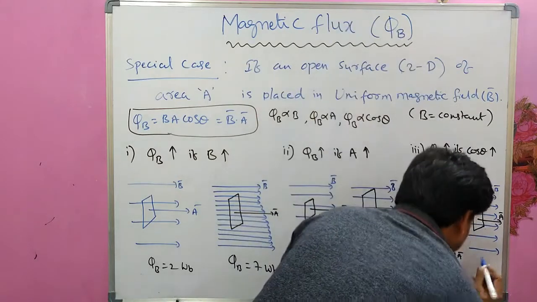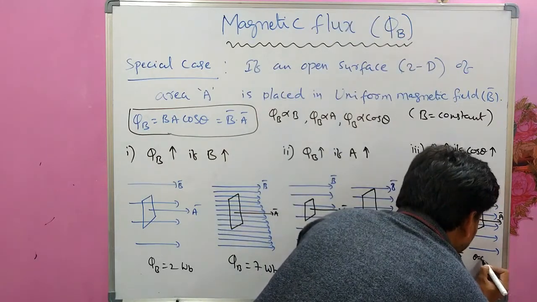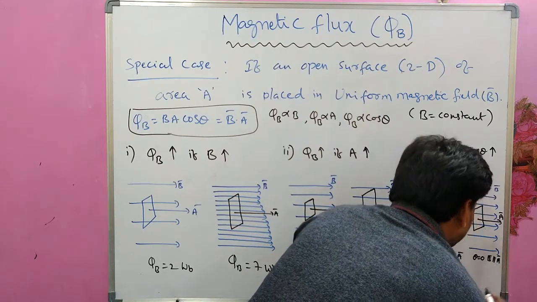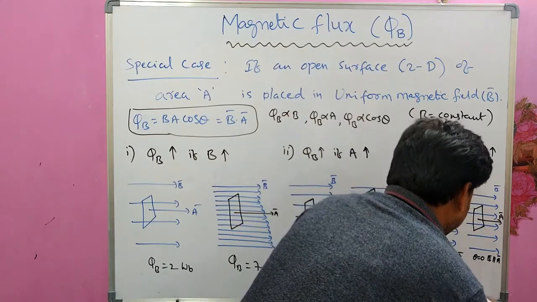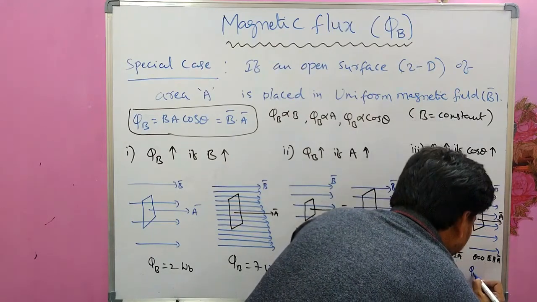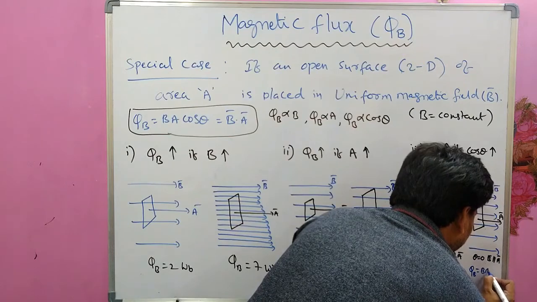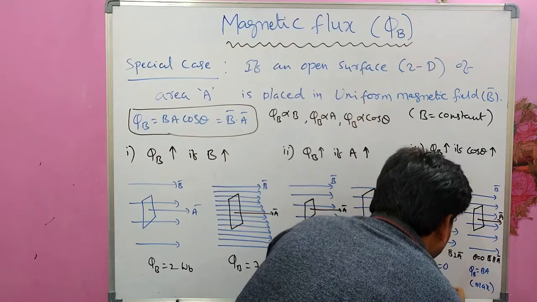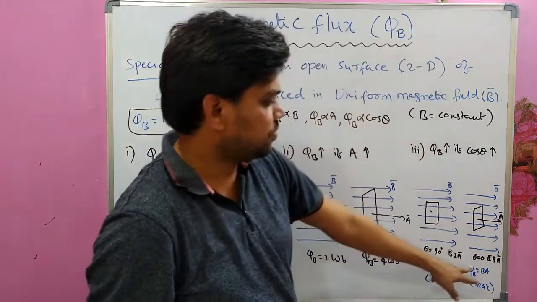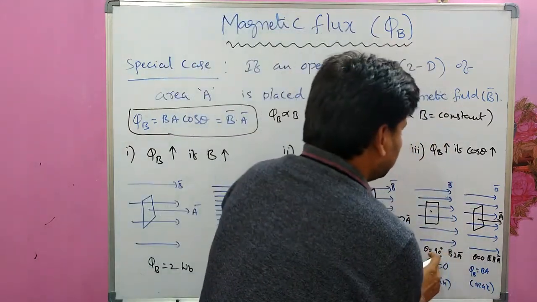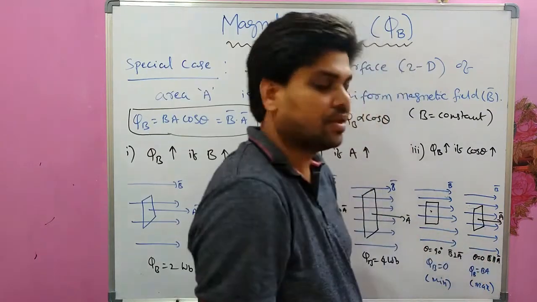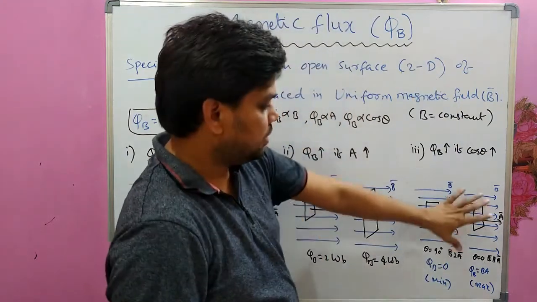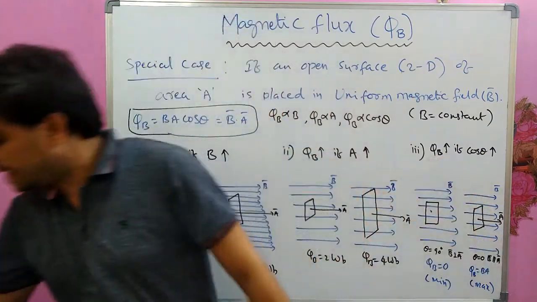So here let us say theta is 0. So B is parallel to A. So phi B will be how much? Phi B here will be equal to BA, which is maximum. Here it was minimum. So you can see here cos theta is 0, here cos theta is 1. As cos theta increased, phi B is increased. That means flux is depending on the angle between B and A.